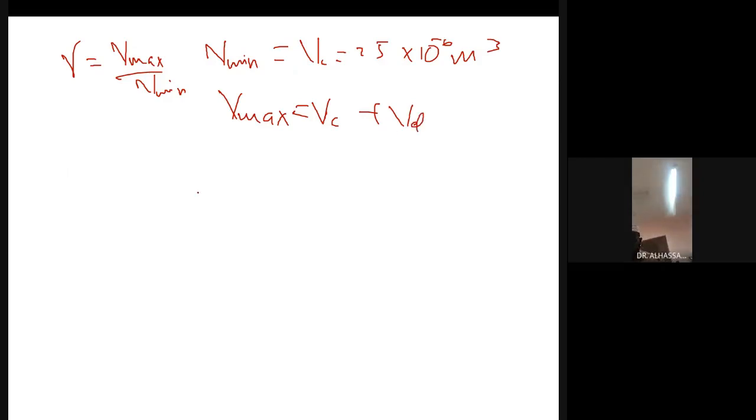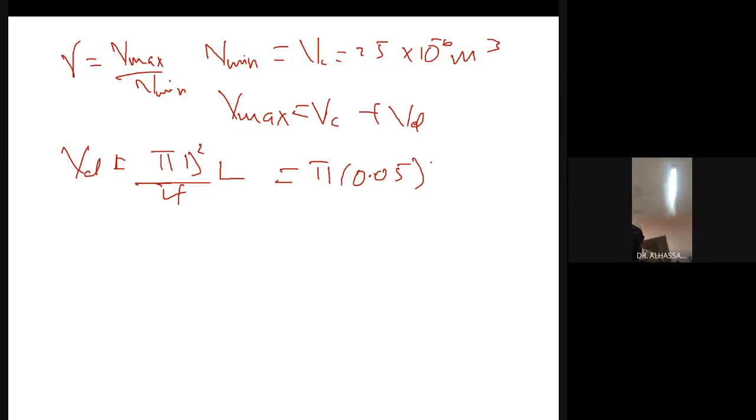Now how do we determine Vd? Vd equals pi d squared divided by 4 times L. So this gives me pi times 0.05 raised to the power 2 times 0.09, all divided by 4, where that's the diameter.